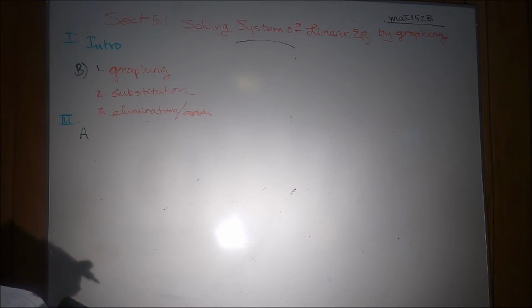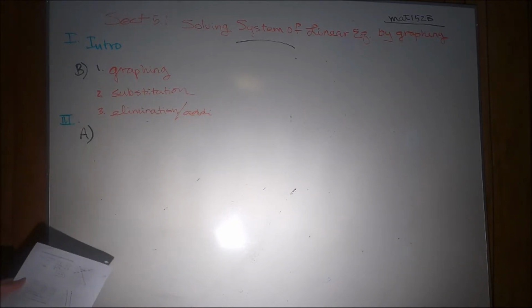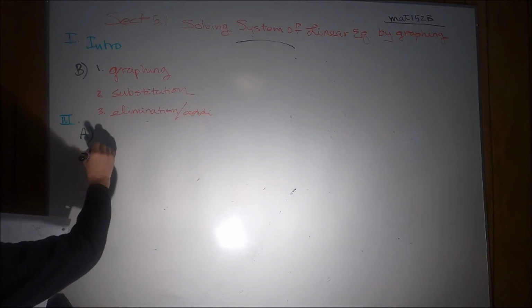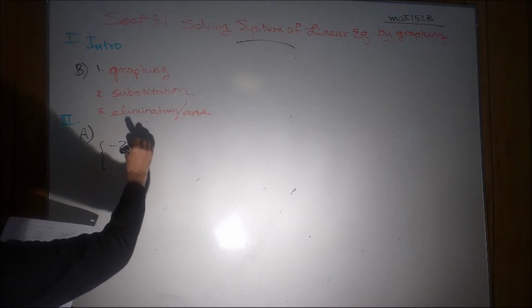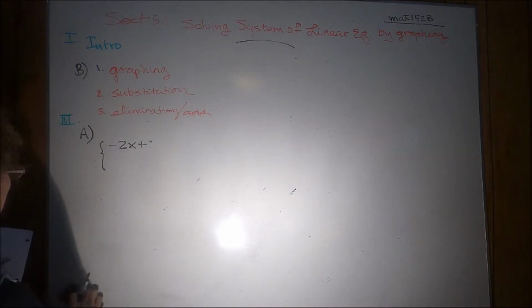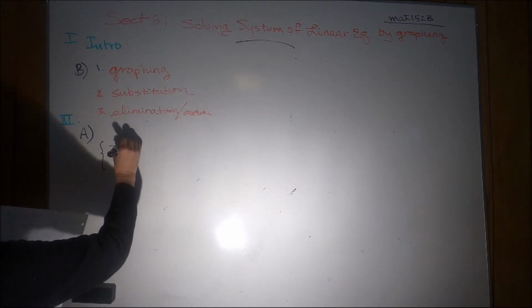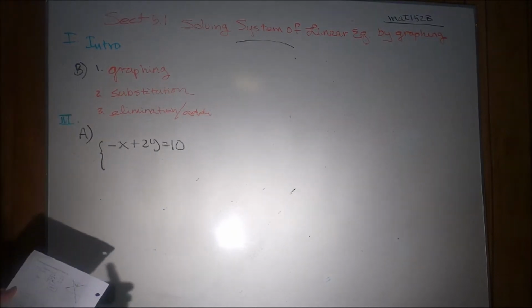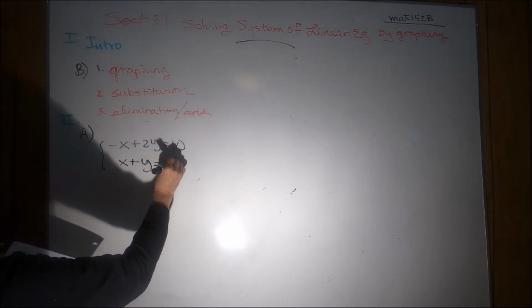So here's a solve a system of equations by graphing. Let's just do it one by one. If I have two equations, negative x plus 2y equals 10, x plus y equals 2.